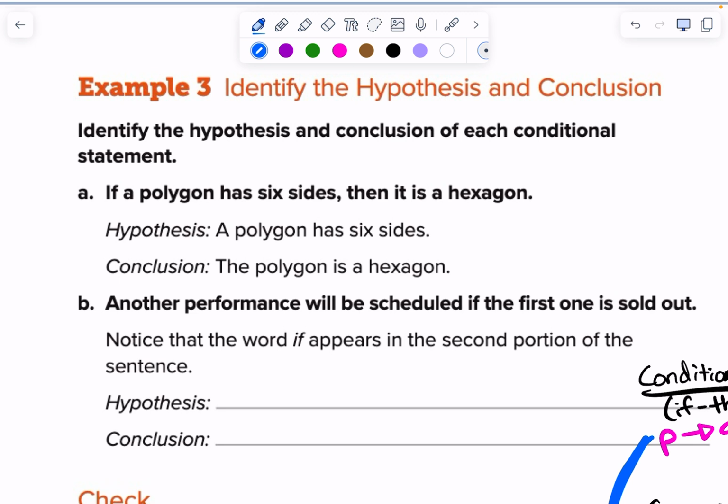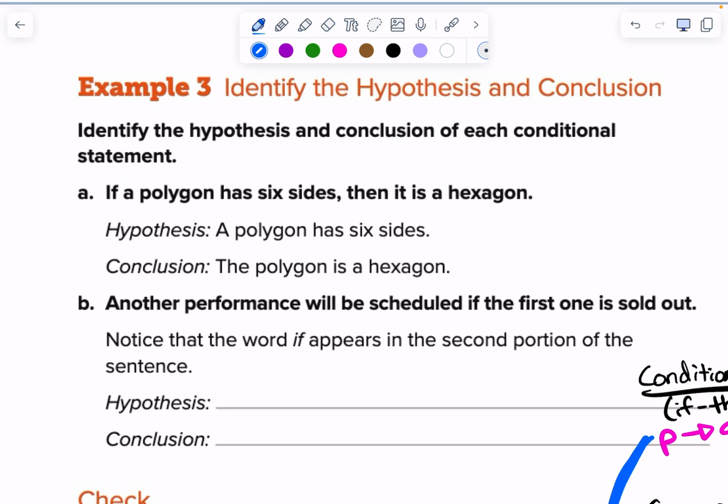I think a monkey has 2 legs and 2 hands. Do you think it has 4 arms? Maybe. Sure. All right, example 3.